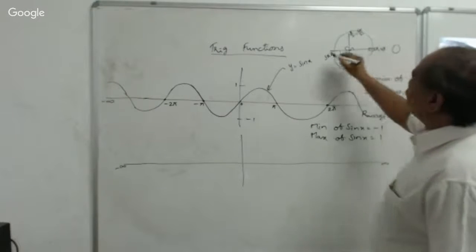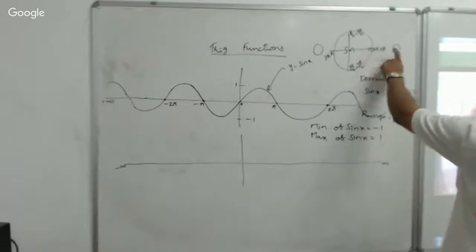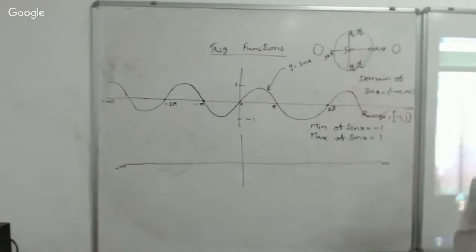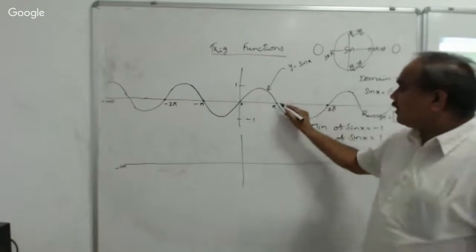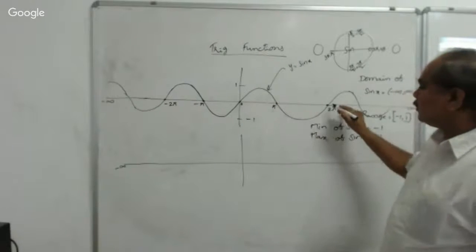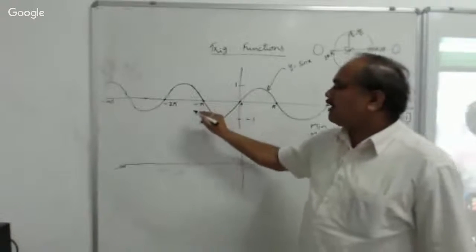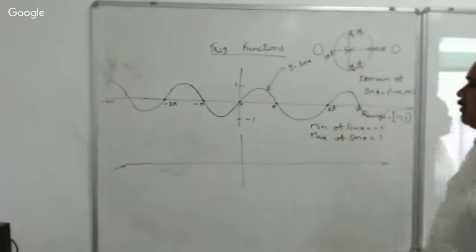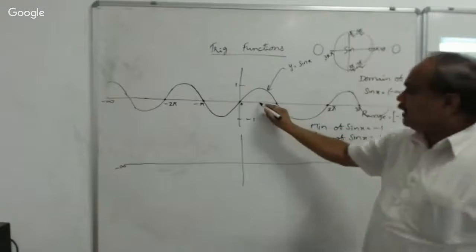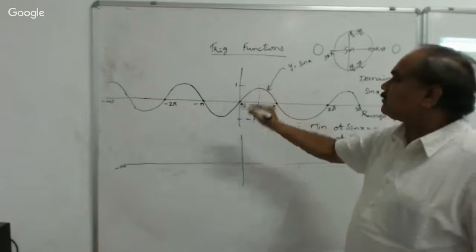Sin 0 is 0, sin pi is 0, sin 2 pi is 0, sin 3 pi is 0, sin of minus pi is 0, sin of minus 2 pi is 0, all are equal to 0. Whereas at pi by 2, sin pi by 2 is 1.